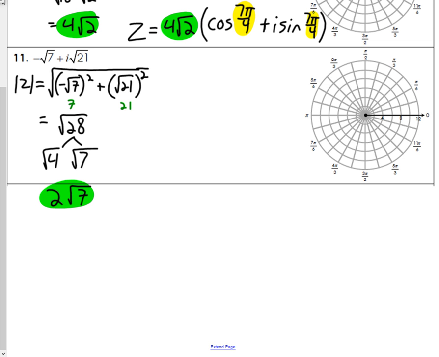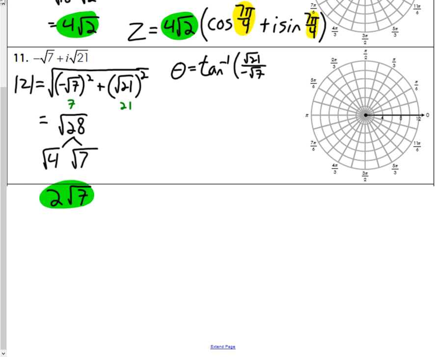We also need to find our angle, our theta, our argument for this absolute value, for this complex number. What direction is it going? So let's go ahead and do that. Theta will be tan inverse. Keep in mind it's tangent inverse of y over x because y is our opposite side. Tangent is opposite over adjacent. So we want that y on top and that x on the bottom.